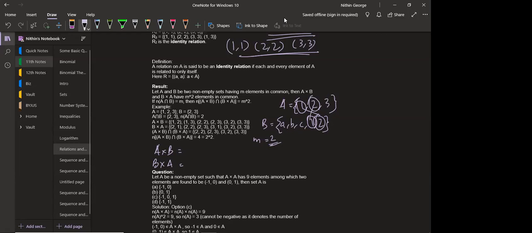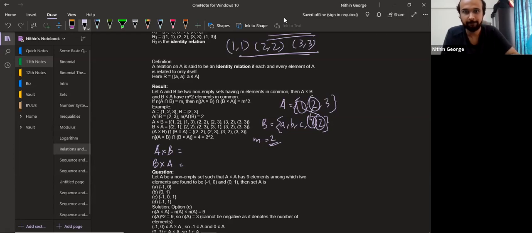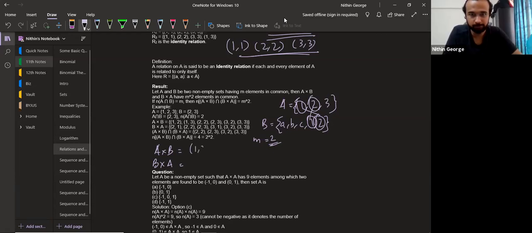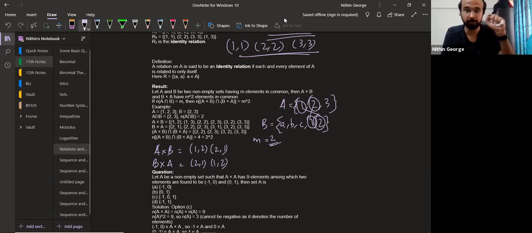Are you following? Yes, sir. So here there will be (1,2). Here there will be the corresponding (2,1). But there's also a (2,1) here, which means there'll be a (1,2) here.